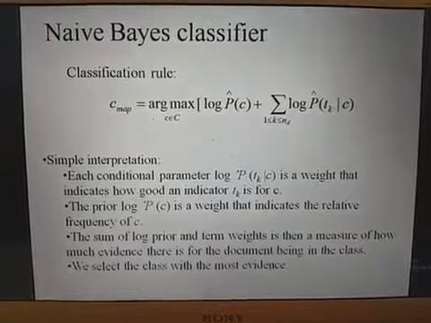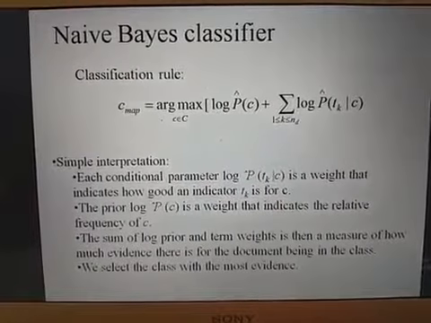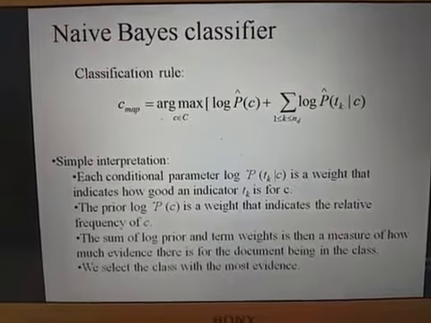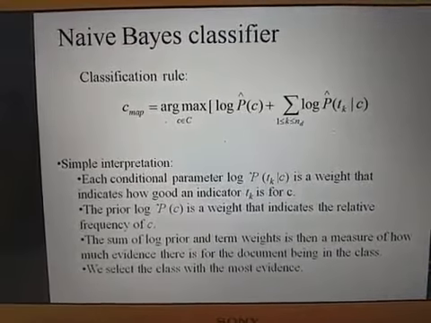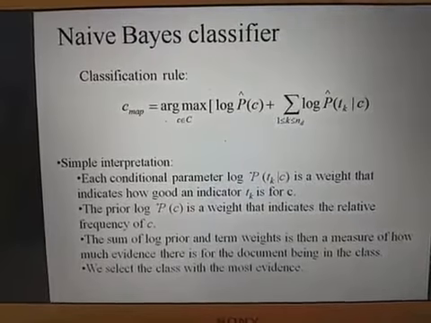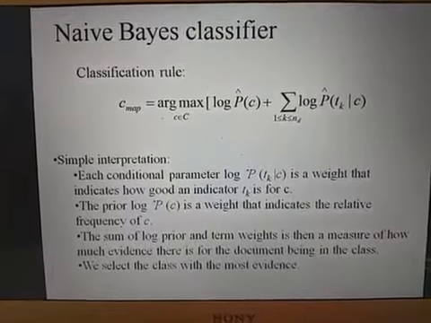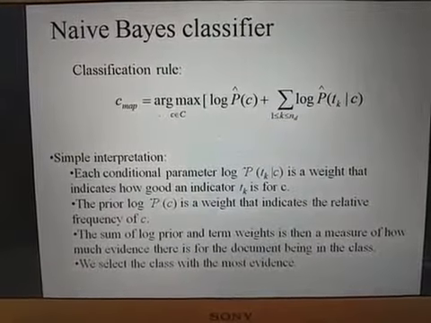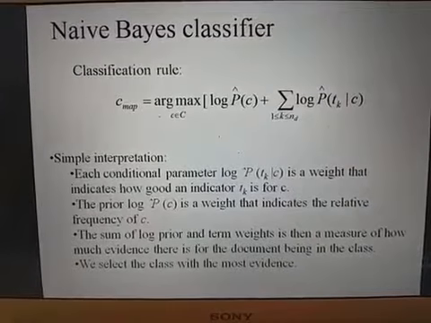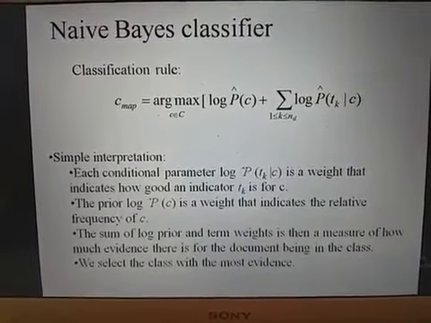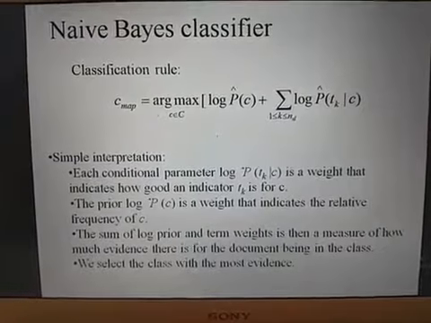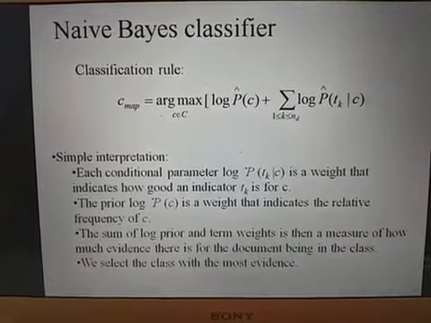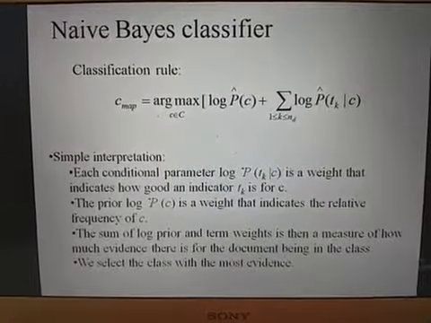Then what exactly is the rule used to classify using Naive Bayes classification? Here the classification rule is C MAP, which uses the logarithm of the probability of that class and the logarithm of the probability of each term given that class. The conditional parameter, the log of the probability of each term, is the term weight, which indicates how good that term is with respect to that particular class.